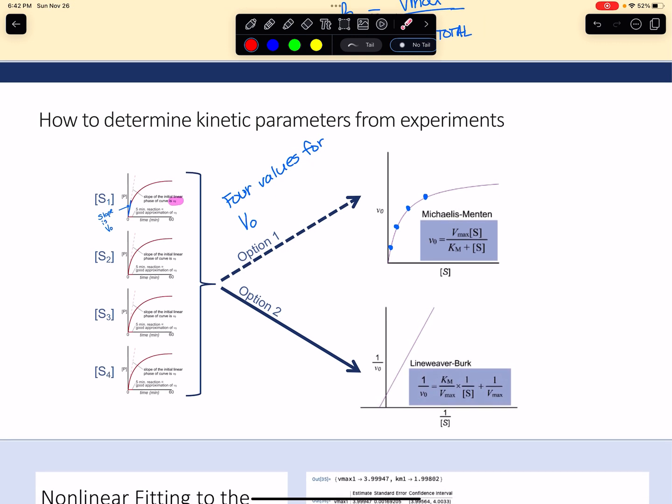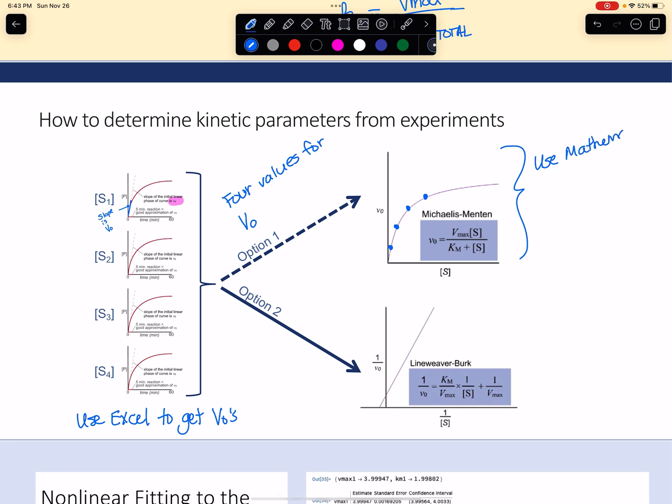And there are faster and more efficient ways. So what we're going to use, we're going to use Excel to get V0s, okay? And then what we're going to do is we're going to use Mathematica to fit to the Michaelis-Menten equation.